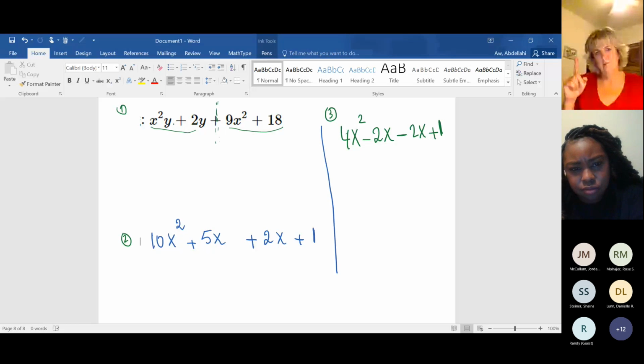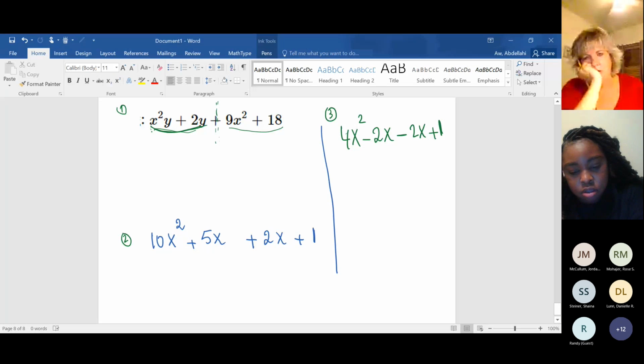Two. The first pair of terms, these two terms, x squared y plus 2y. What is the GCF, you think? Would it be 1? Maybe. Look at it.